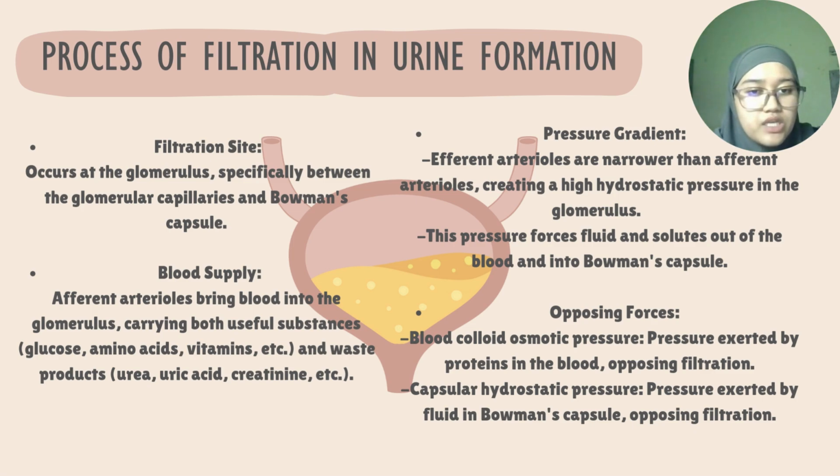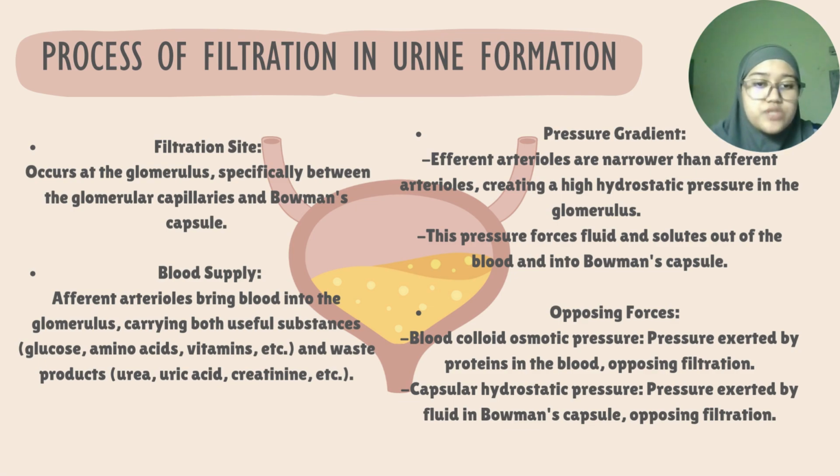Furthermore, pressure gradient. Efferent arterioles are narrower than afferent arterioles, creating a high hydrostatic pressure in the glomerulus. This pressure forces fluid and solutes out of the blood and into Bowman's capsule.